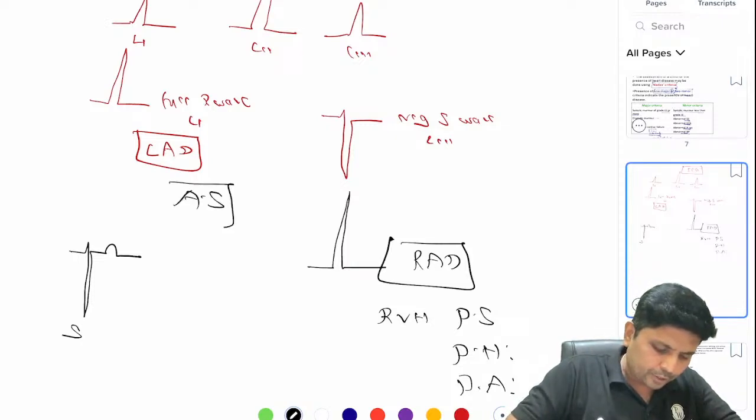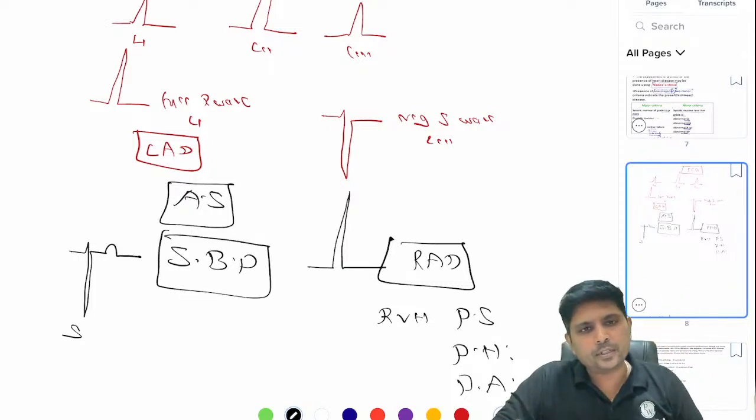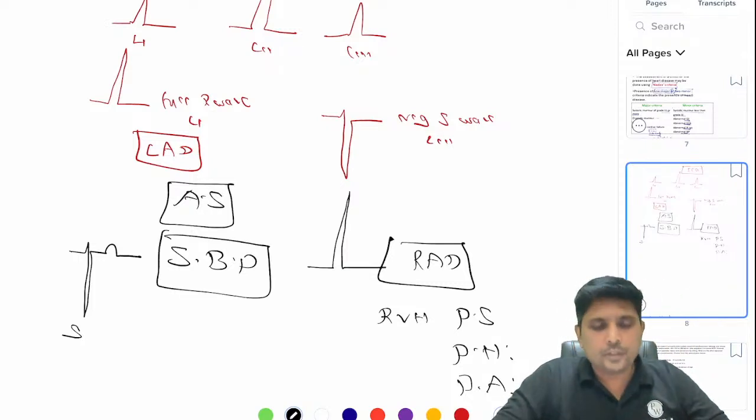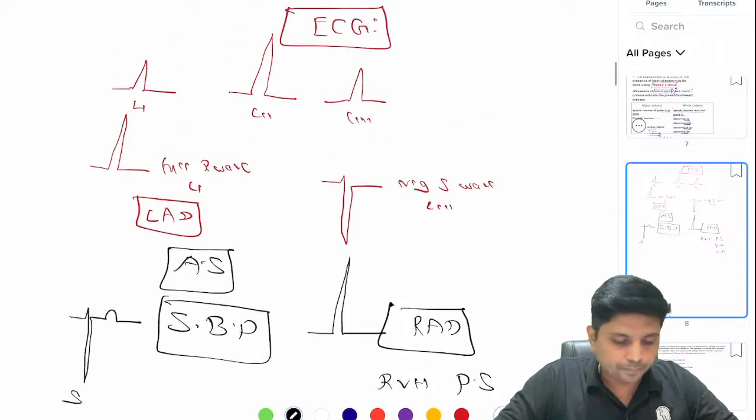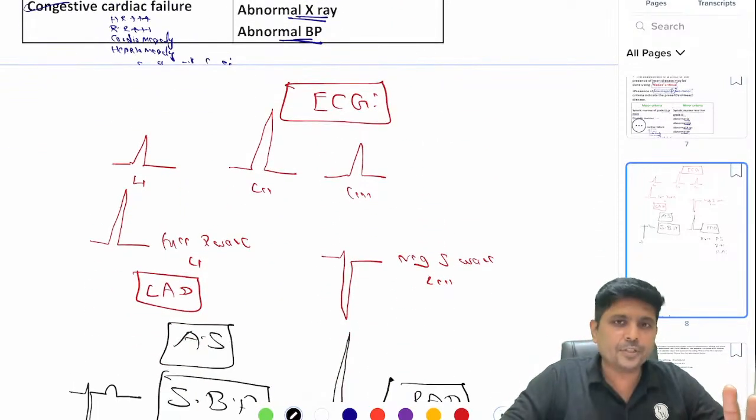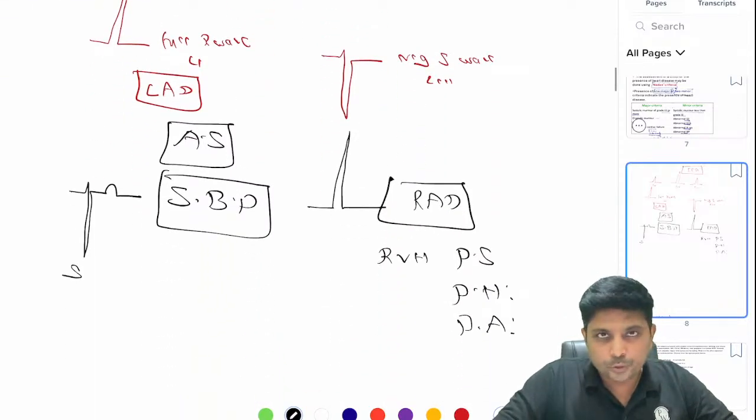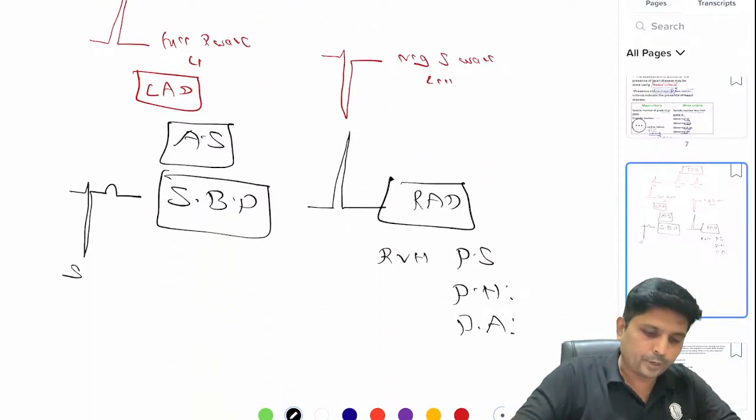You have aortic stenosis and systemic hypertension. So this is with respect to ECG. What is normal axis, what is left axis, what is right axis: these are all the things you need to know.